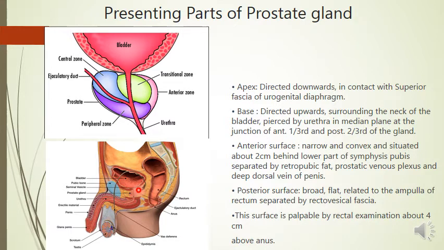So the posterior surface is related to the rectal ampulla, separated by the fascia of Denonvilliers, and this posterior surface is the surface which is palpable by rectal examination, about 4 centimeters above the anal opening. Now this is the anal opening here, right? So through this digital examination, when the fingers are inserted, the surface of the prostate that we feel is the posterior surface of the prostate. That digital rectal examination I am going to discuss in detail in the later slides.